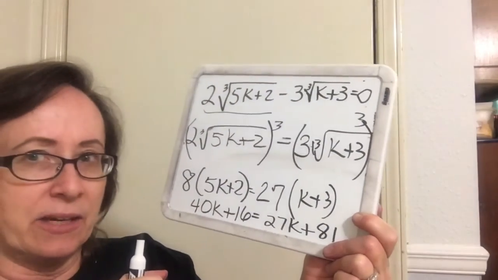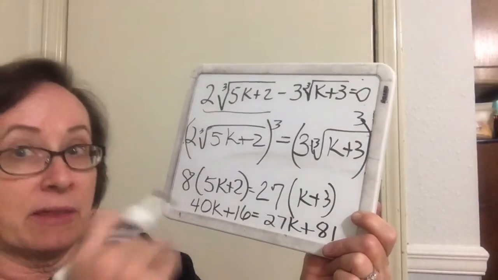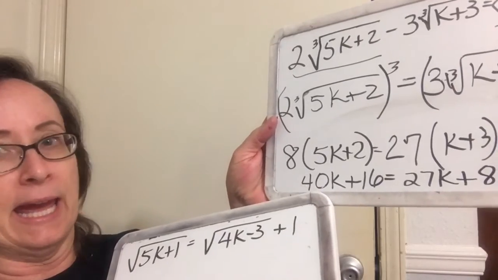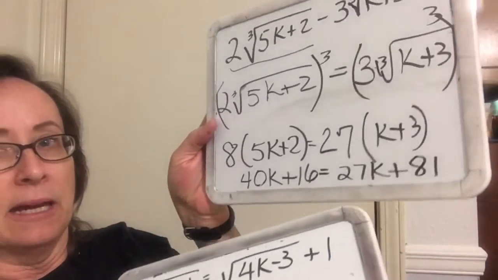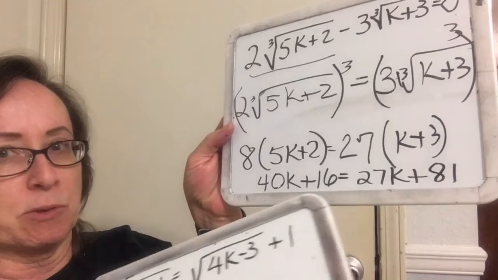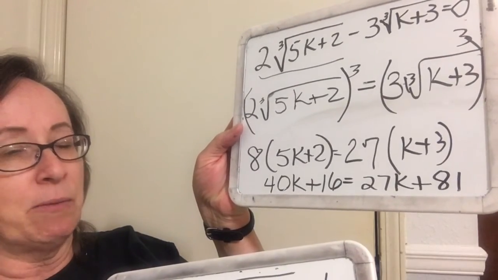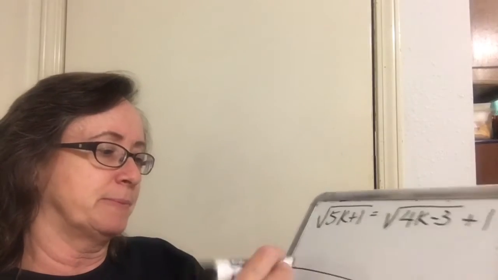So this is just linear. So we really want to get everything on one side of the equation. So I'm going to borrow another board here. Okay, so if I get my k's on the left, I got 40k, take away a 27k. So I'm going to subtract the 27k from both sides, and that's going to leave me with a 13k on the left.